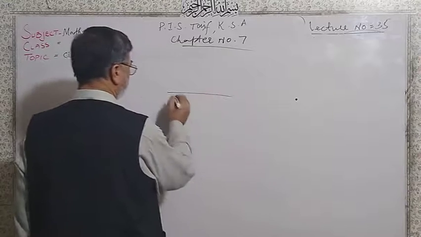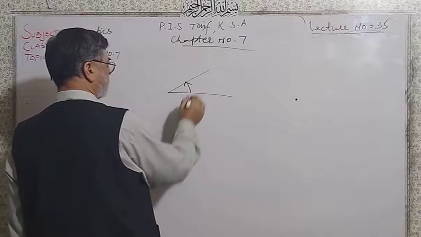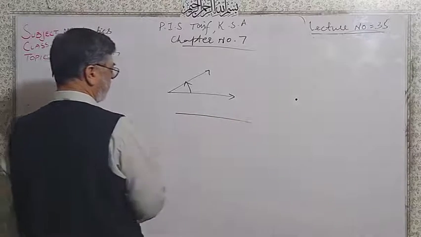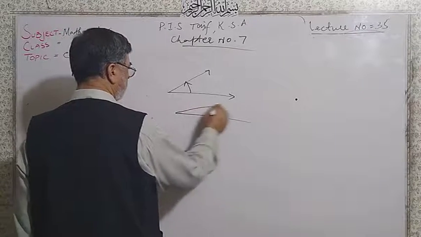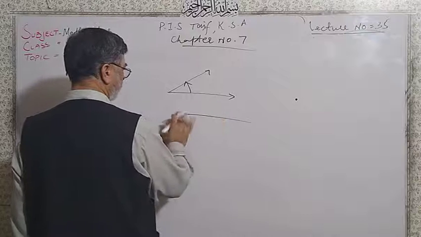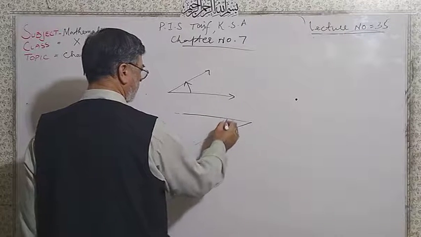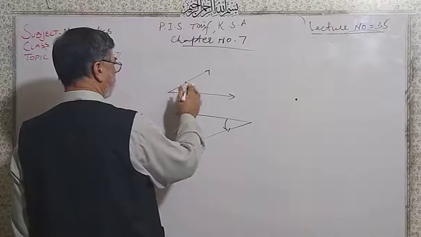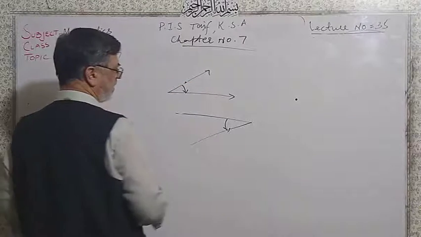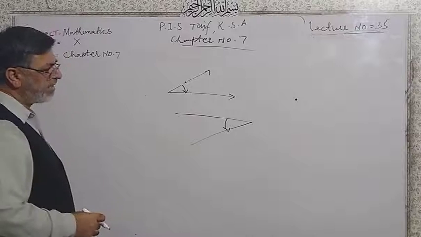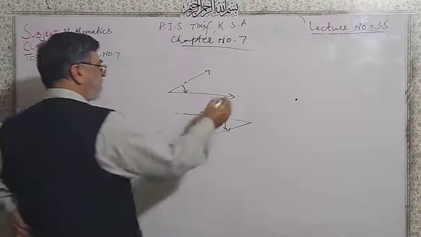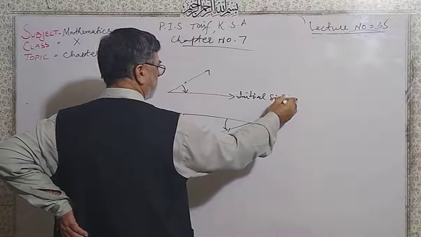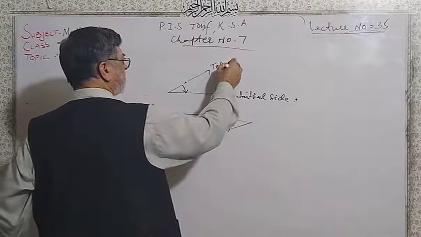For example, this angle is anti-clockwise and this angle is clockwise. Here in this case, this is known as the initial side and this is the terminal side.